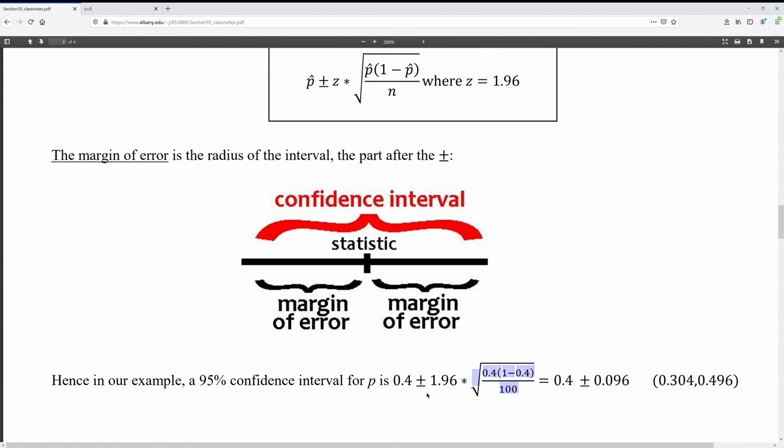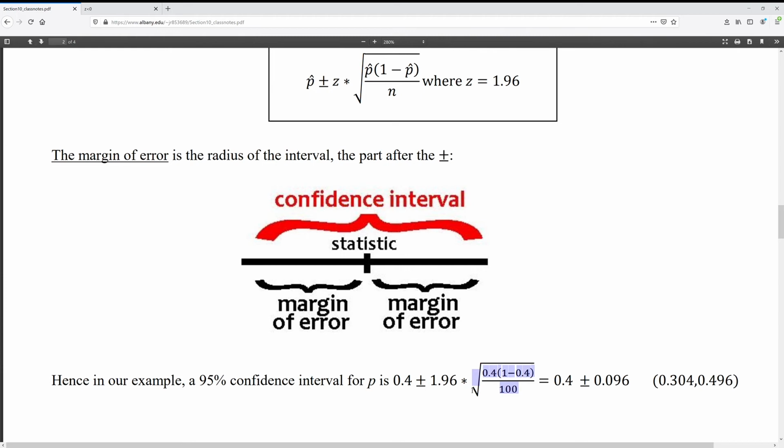that would be, let me just do it on my calculator really quick. 0.4 times 0.6 is 0.24. Divided by 100 is 0.0024. And the square root of that is 0.0489897949.